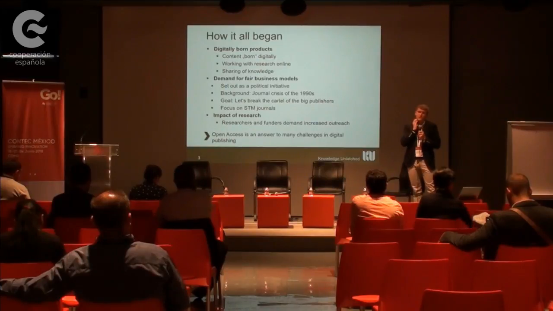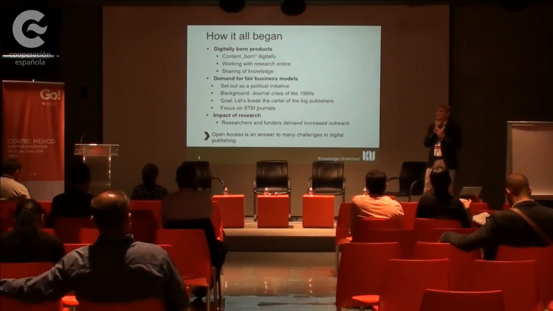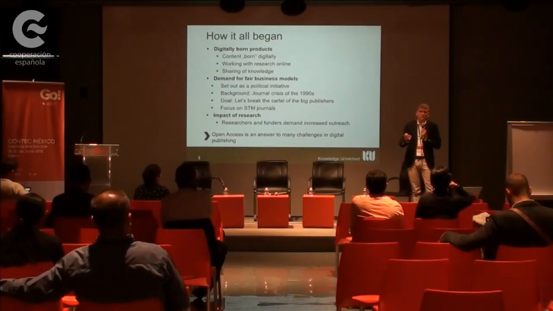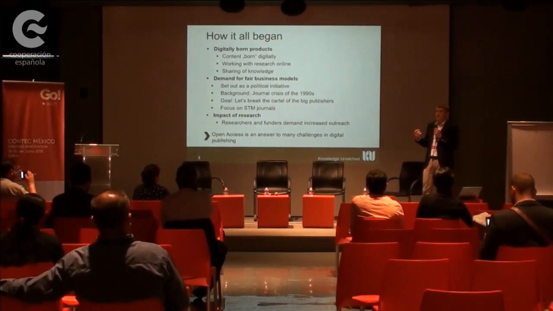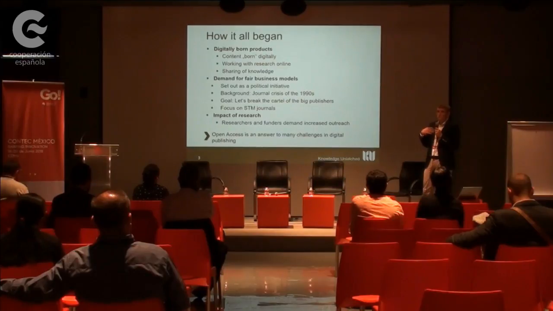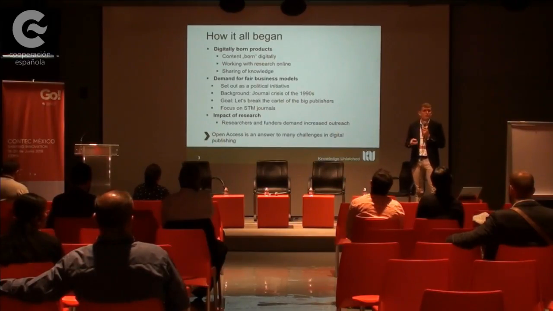So how did open access come into it? It's a little bit like the music industry, if you want. In the music industry, you all of a sudden had Napster and all sorts of platforms where you could just access and share everything. And everybody started to use it, and you couldn't get a hold onto it. So the business had to react to that. And this is somewhat what the publishing scene tried to implement as well.